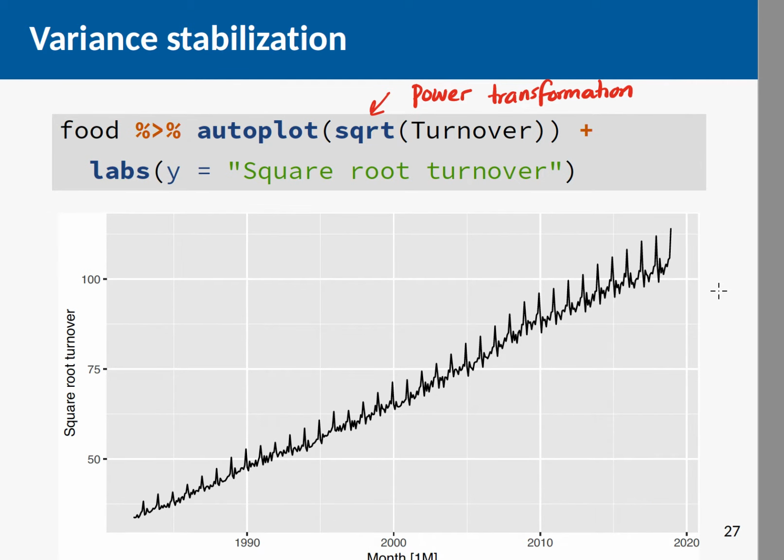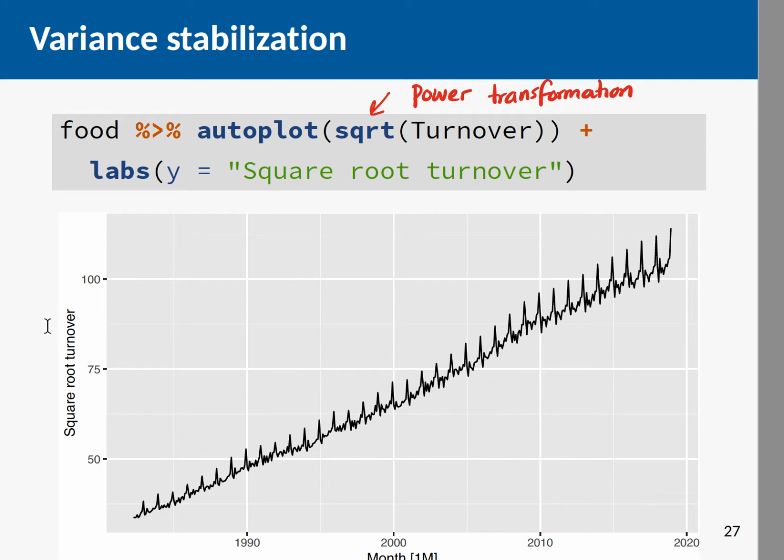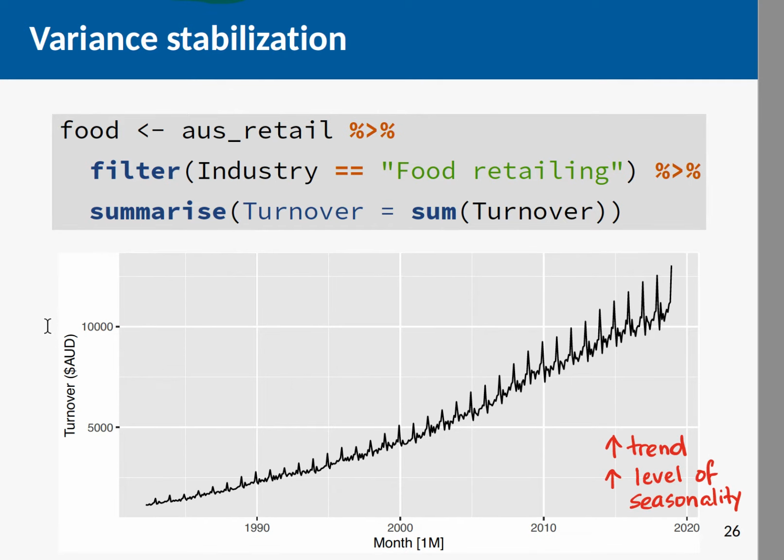So let's look at what happens if we take the square root of that series. Now here we are plotting the square root of the series. You see that the difference between the peaks and the troughs are not as different as they were previously. Again, this is the square root series, and this is the original series.